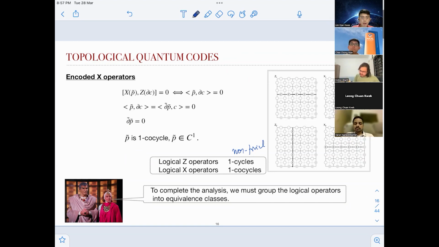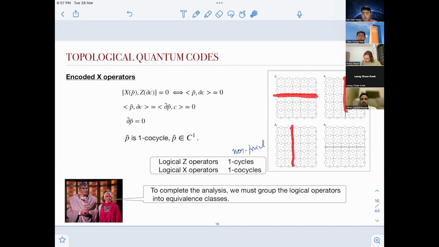Earlier in the toric code we saw this was the non-trivial cycle. The Z ones correspond to cycles, and corresponding to the dual lattice you get the one co-cycles, which are the logical X operators.